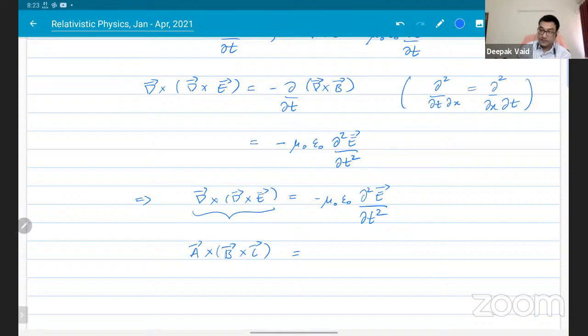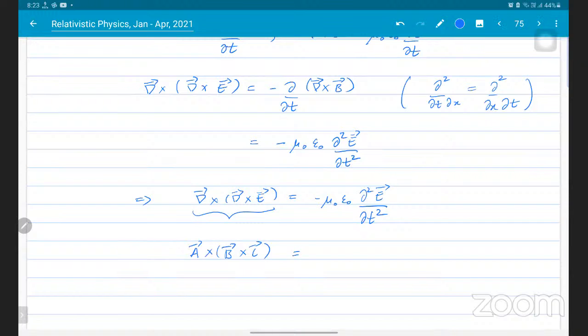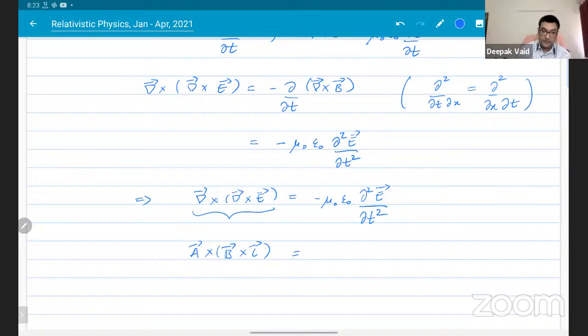So what is this expression? It is curl of A, B cross B dot C, right? So it looks like this: A dot C times B minus A dot B times, right?